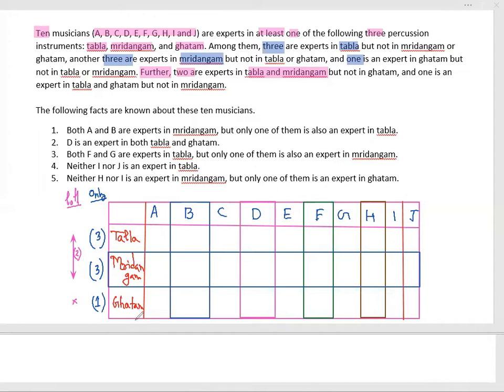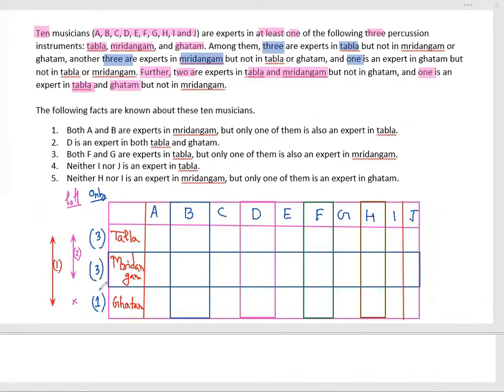Next information it has mentioned that 1 is an expert in tabla and ghatam. That means if I take the tabla and ghatam part, it should be 1.